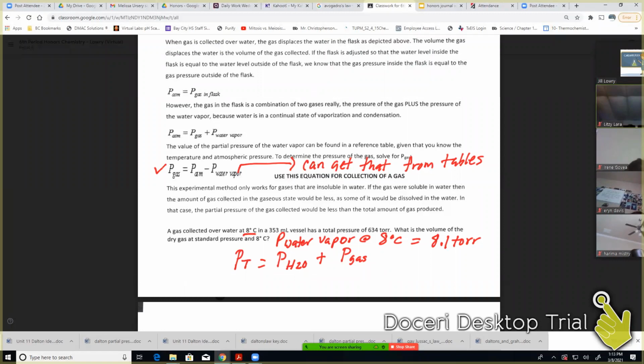Kind of like the problem that we did today in the journal, if I'm given my total pressure, and then I was able to look up the pressure of water at 8 degrees Celsius, which is what I did, then I can set up a little equation to find the partial pressure of the gas that I'm actually interested in. So I would say 634 minus 8.1, because that's what I'm doing to get rid of it. And I would end up with 626 torr as the pressure of the gas.